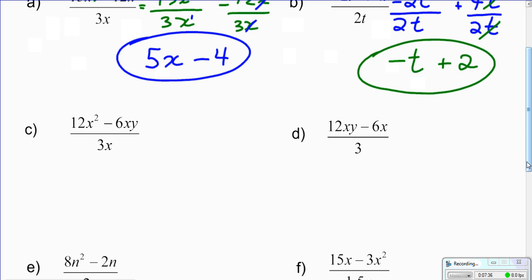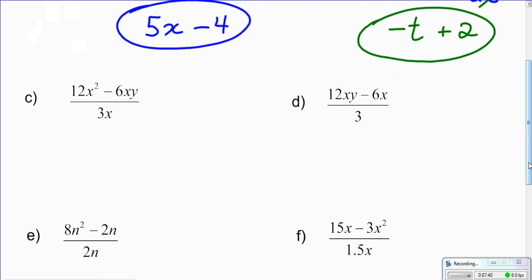Okay, looking at C. Again, we're going to set this up: 12x squared over 3x and negative 6xy over 3x. Then if we're dividing, 12 divided by 3 gives us 4.